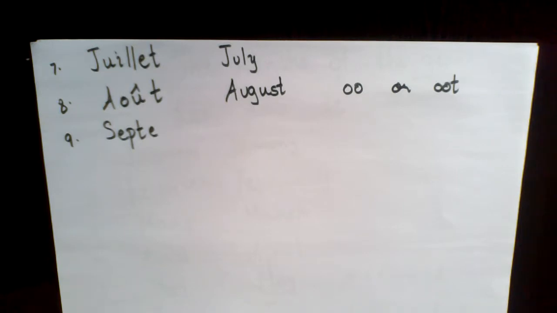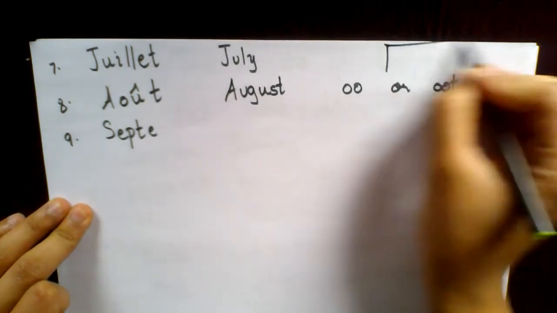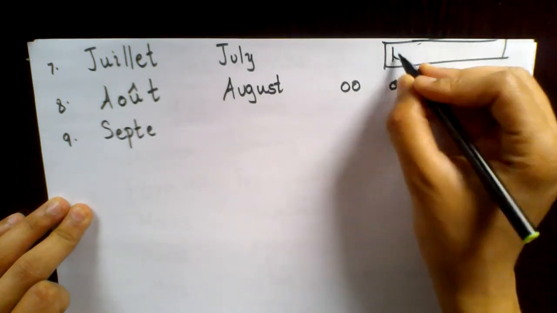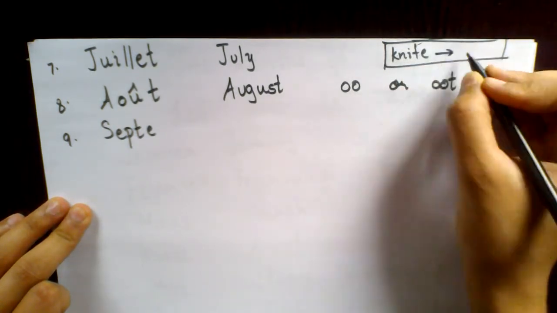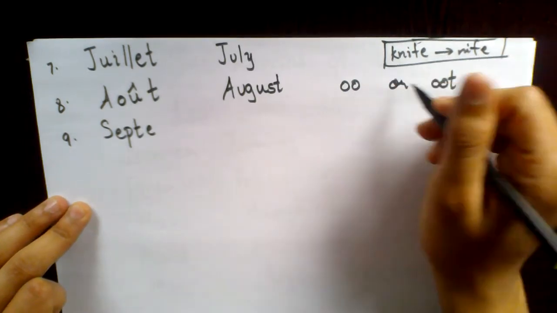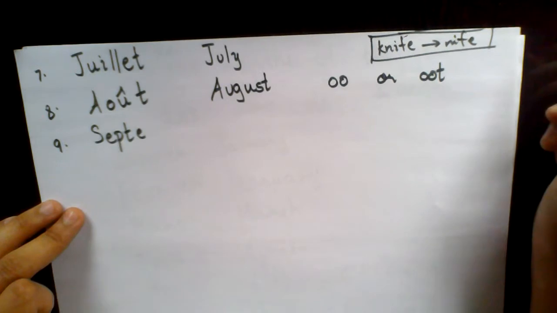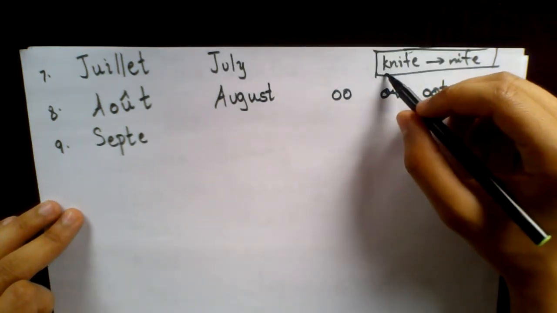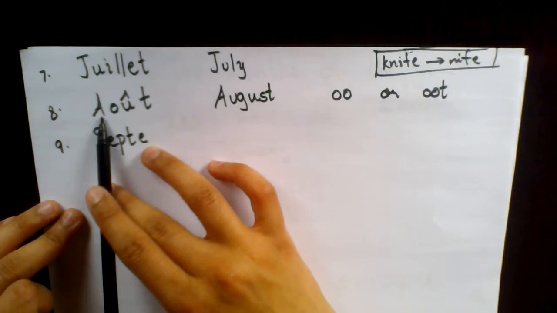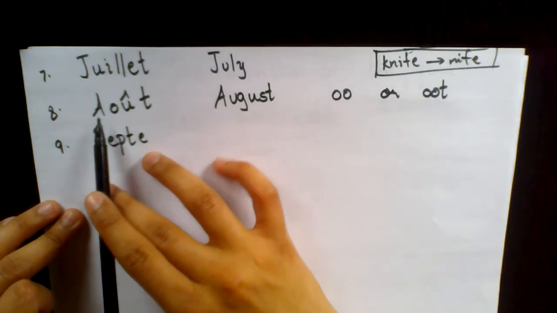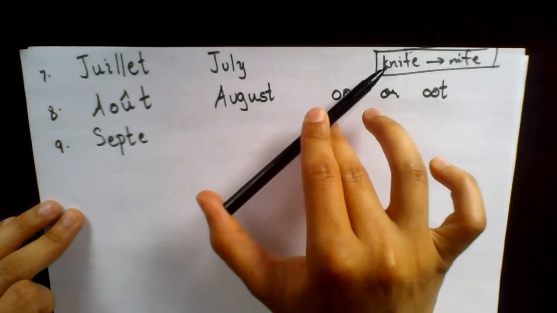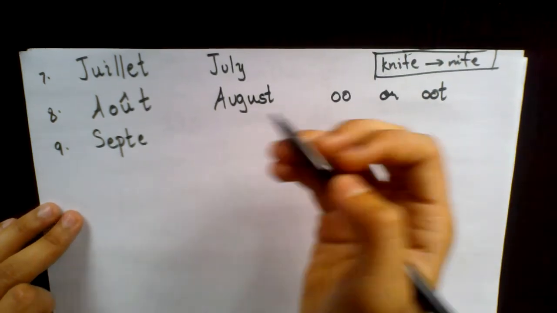Till now you might have noticed that the spelling of French words does not match the pronunciation. In that way English is like French. For example, you have "knife". How do you pronounce this? Do you pronounce it as "kunife"? No, the K is silent. Similarly in French, the A over here is silent, so you do not pronounce it, just like you do not pronounce the K in English. So it is basically the same thing.